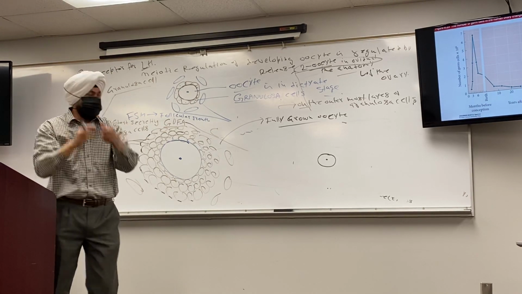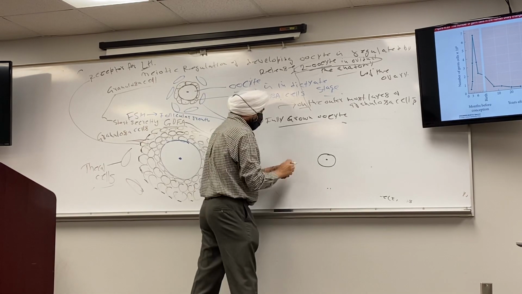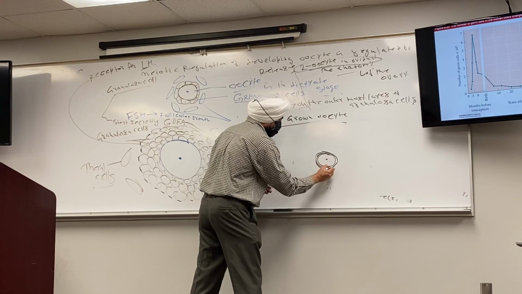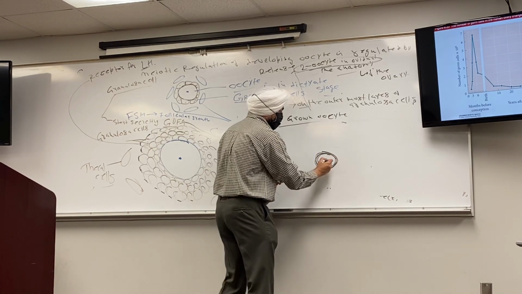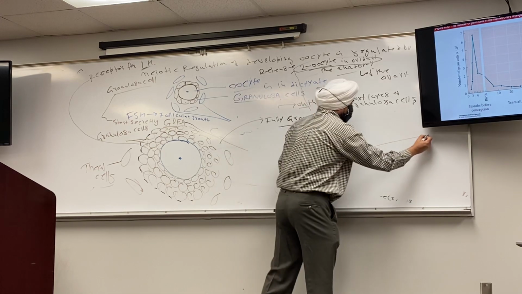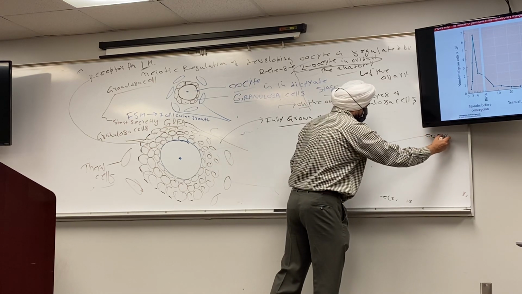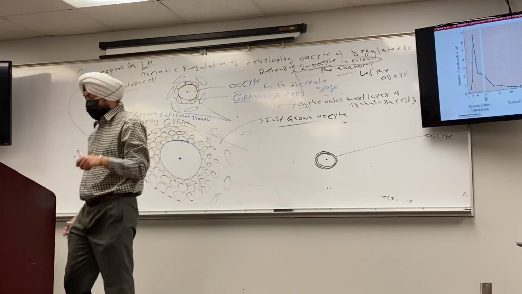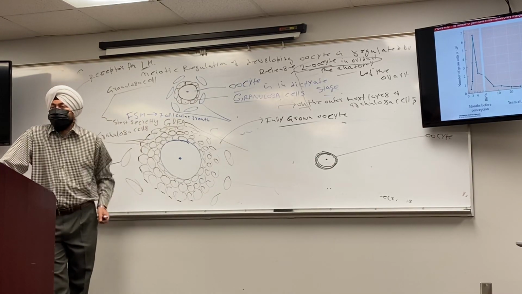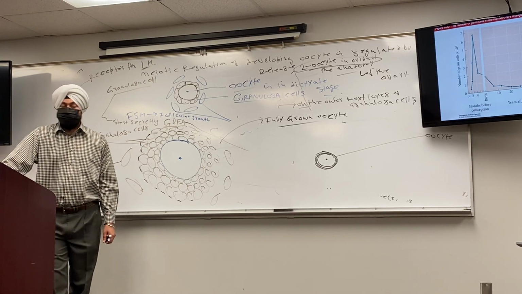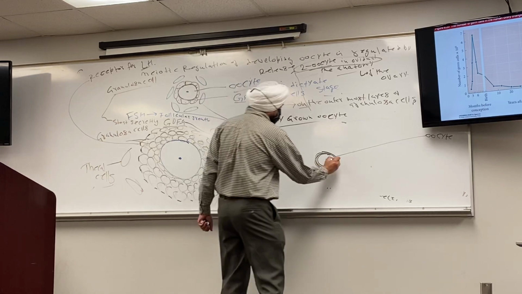So it will make an extracellular matrix around this. What is the name of the extracellular matrix around the mammalian egg? Zona pellucida. So you will have a zona pellucida there.